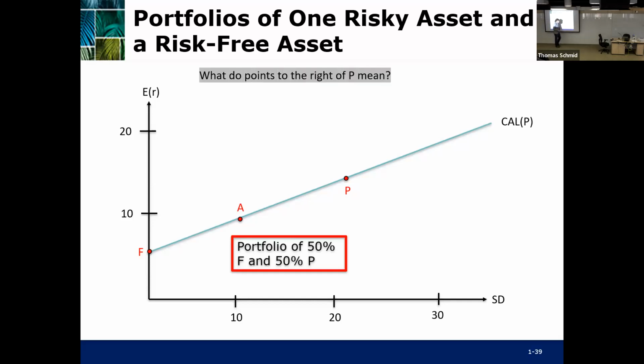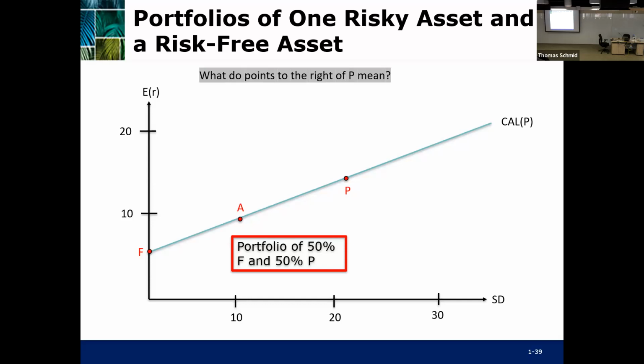So then, kind of strangely, when I plot the line, you could say, I did not stop at point P. I mean, what does the point P represent? Point P represents the situation in which we invest 100% of our wealth in P. Everything we have is in P. Okay? So how can we then go beyond P?